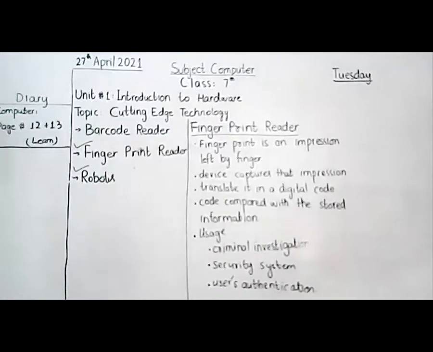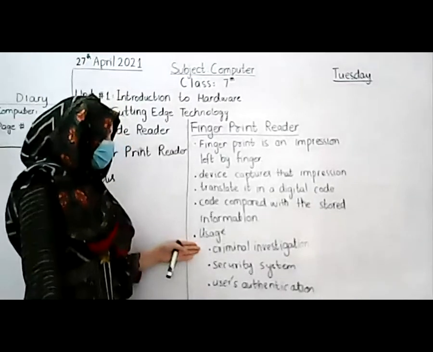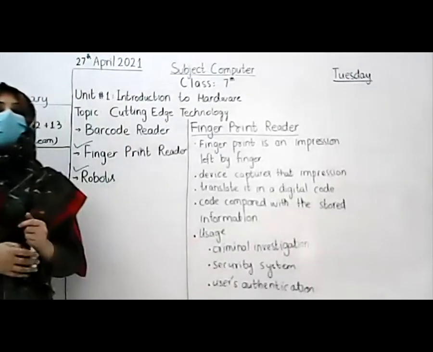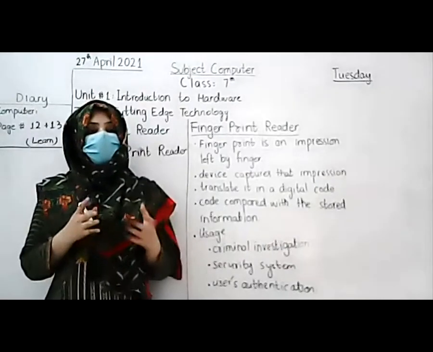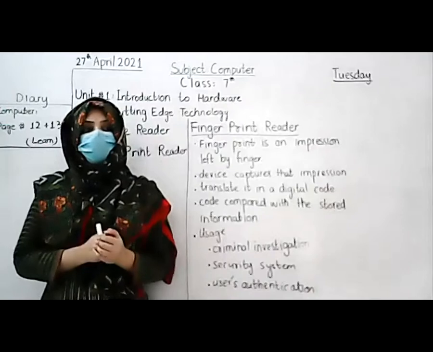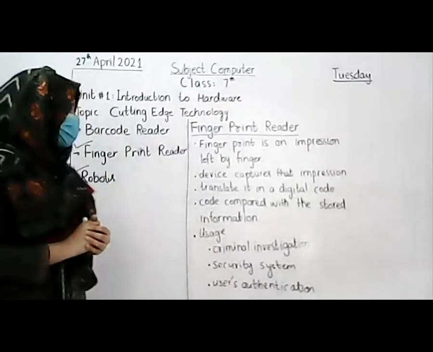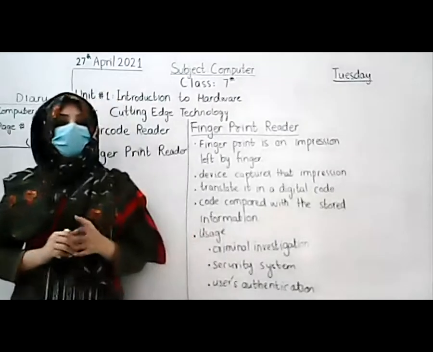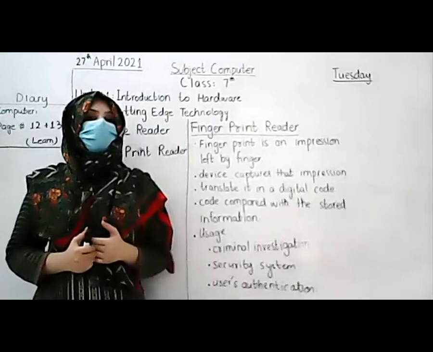Now we will talk about its usage. It is basically used in criminal investigation. Has everybody watched any episode of CID? Yes, ma'am. In many episodes, you can see the usage of the fingerprint sensor.